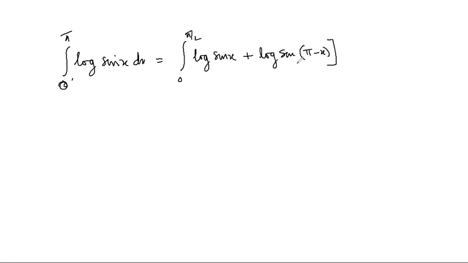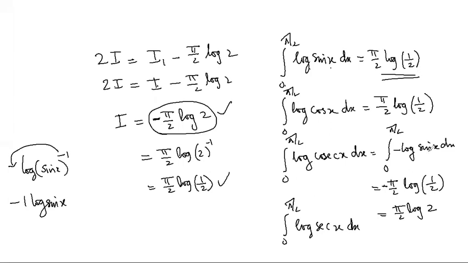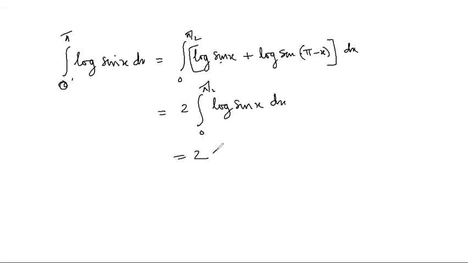This also we did in the last step. Now they both are the same, since sin of 180 minus theta and sin theta are the same. So they became 2 times 0 to pi by 2 log sin x. That became 2 times the answer you had here before, pi by 2 log half. So it became pi log half.